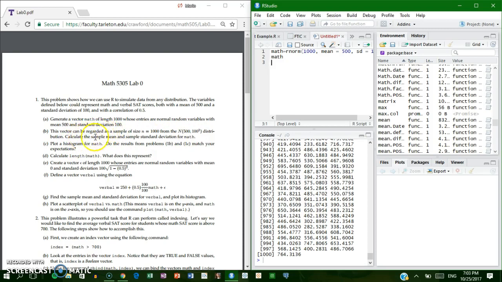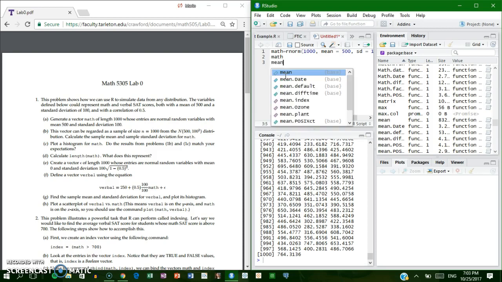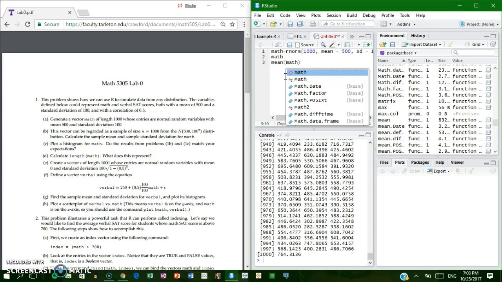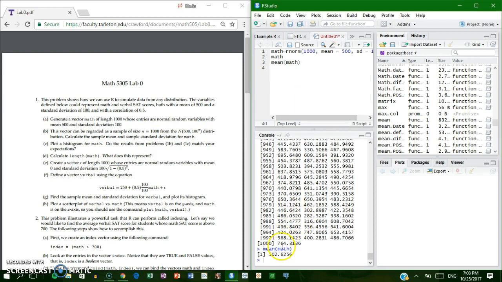So let's calculate the sample mean and standard deviation of math. What's good about R is that whatever you want to do, you usually just type it in. For instance, to calculate the mean, you type mean of math and press Control Enter, and the mean is 502.63, which is close to 500.